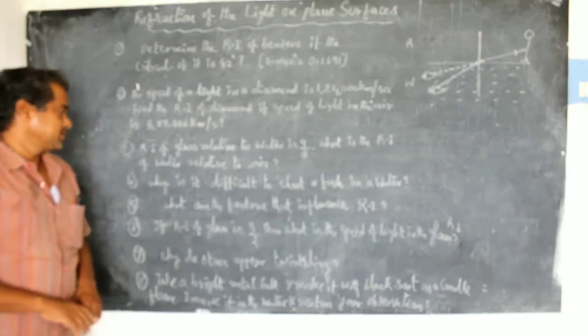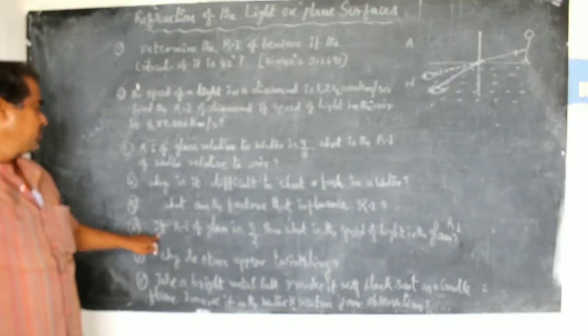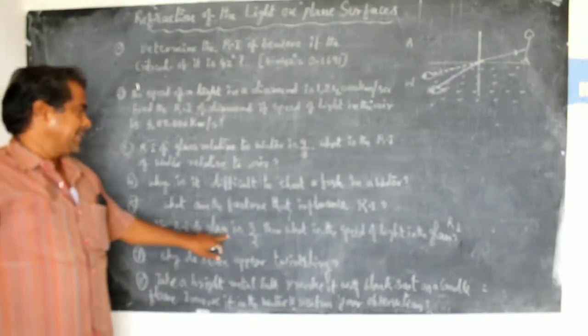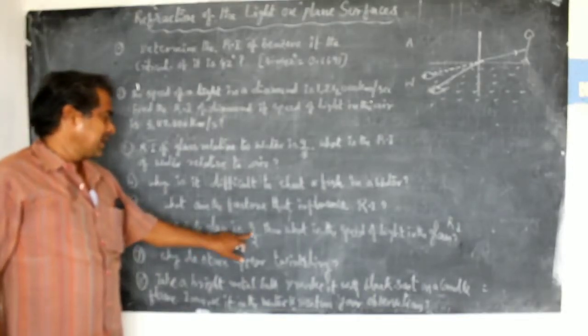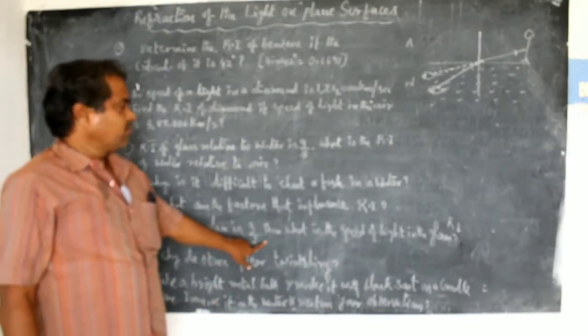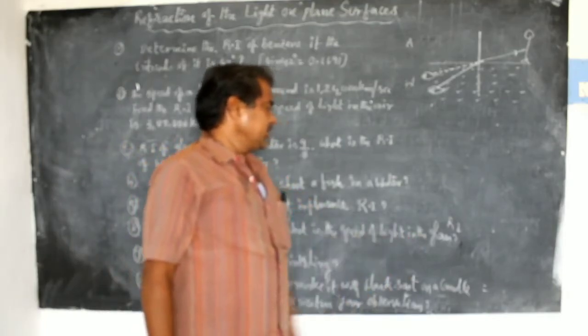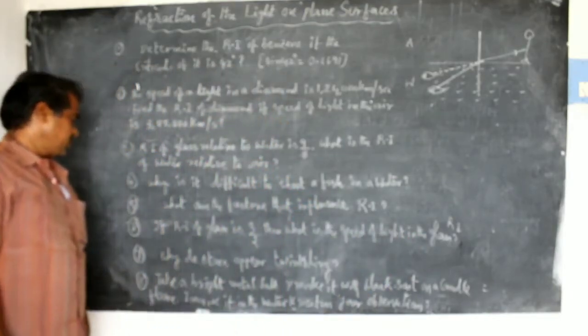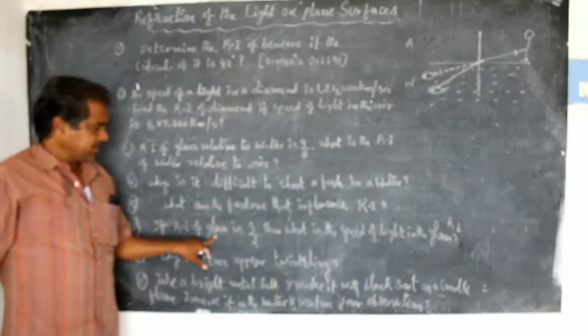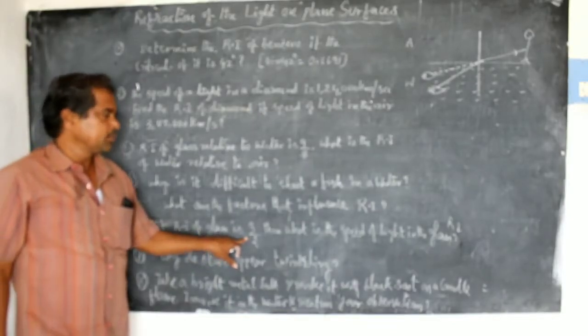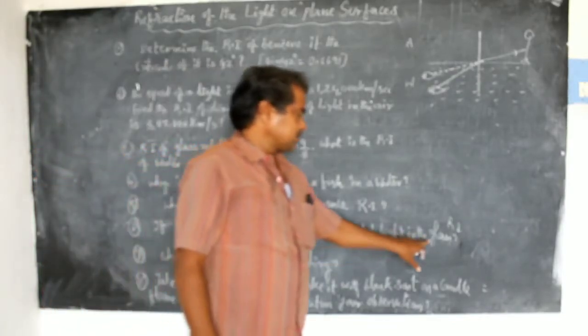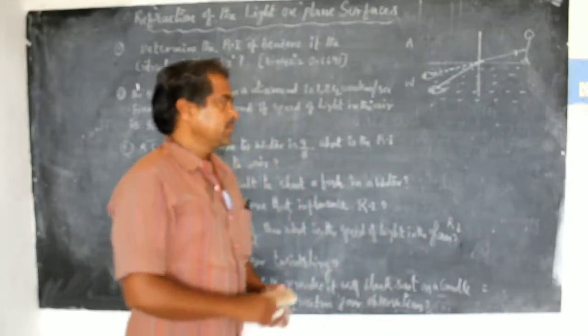Okay. Next, if the refractive index of the glass is 3 by 2, then what is the speed of the light in the glass? What is given in the question? Refractive index n is given as 3 by 2. Speed of the light in the glass, what we have to find? v.